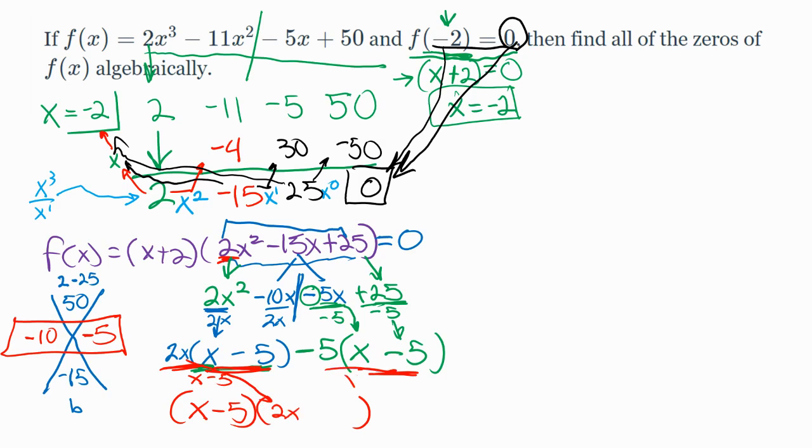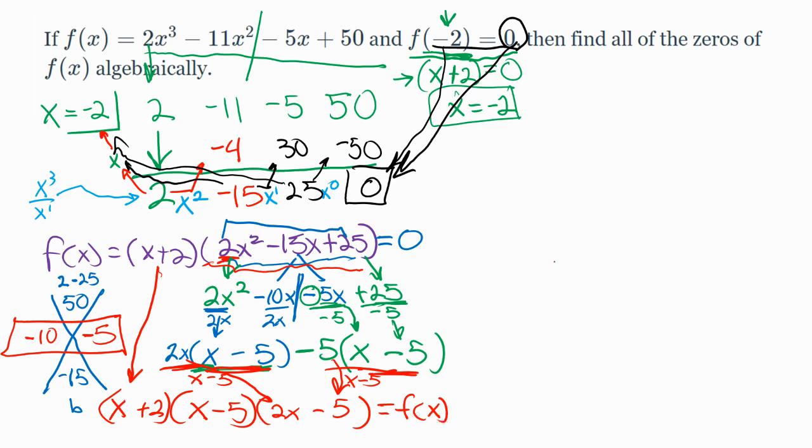Divide the second one by x minus 5, and I'm just left with a negative 5 result. So now this quadratic factor is now further factored to be x minus 5 times 2x minus 5. This x plus 2 should still be out in front if I wanted my fully factored form. So x plus 2 times those two is f of x, rewritten in fully factored form.